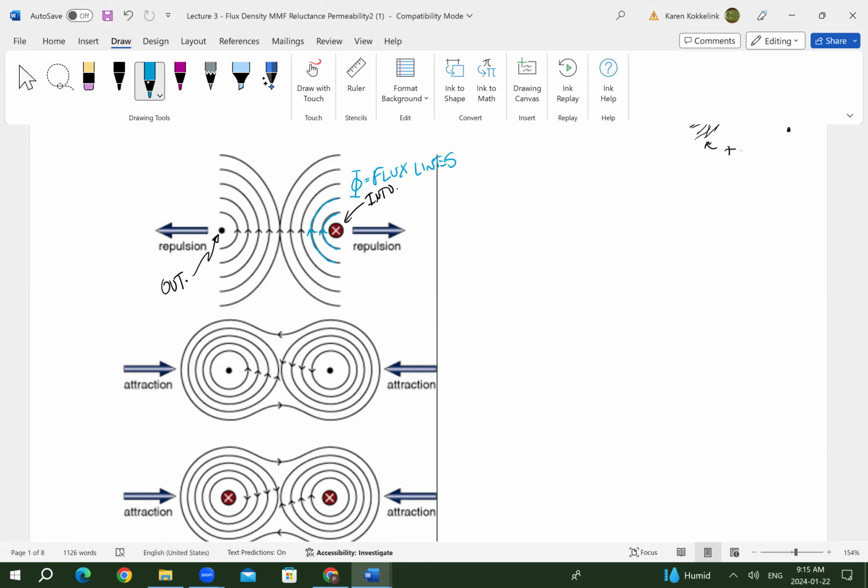We know already that magnetic flux lines have a direction. So we take our right hand and put our thumb in the direction of conventional current flow, and it's traveling out of the page here.